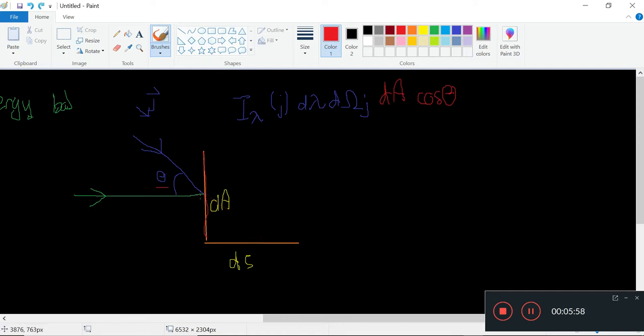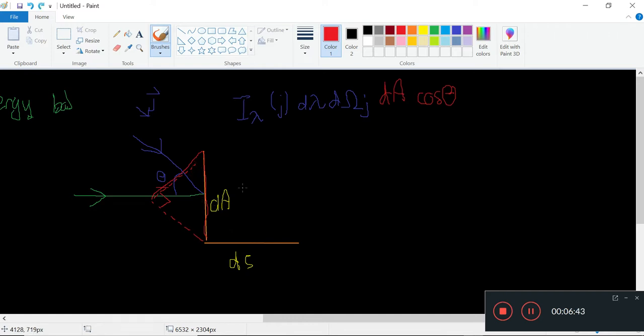So let's do some trigonometry. The normal area is this little red line here. That's what the normal area is. And where can we find this theta? Theta will be the same here. How do we know that?